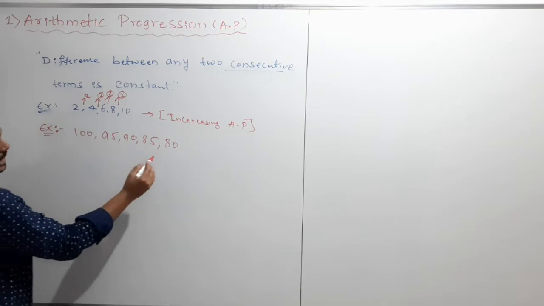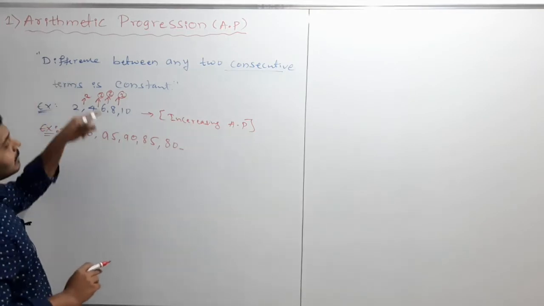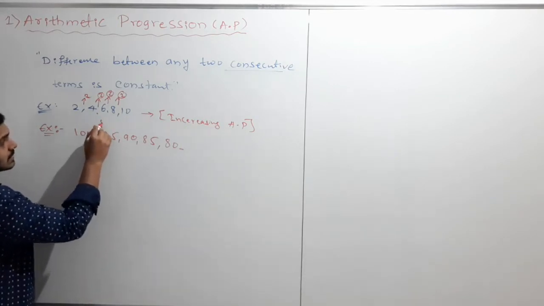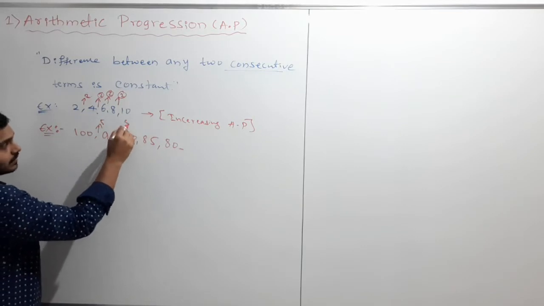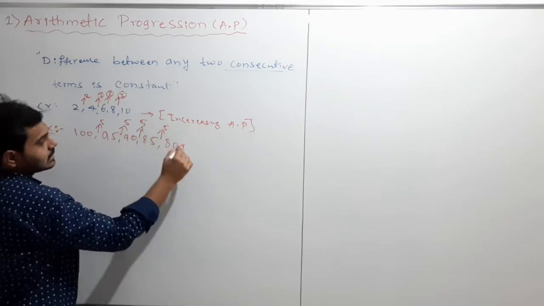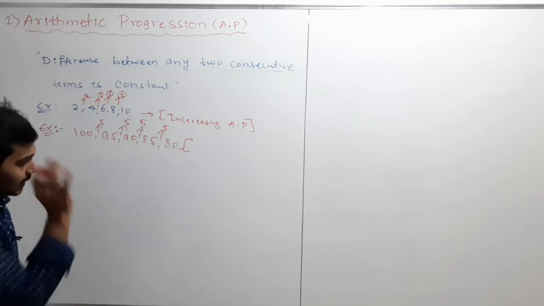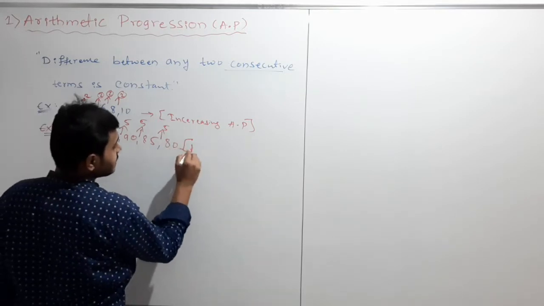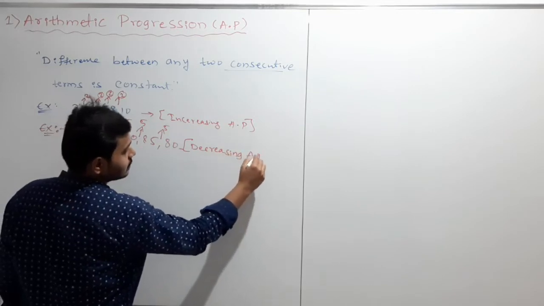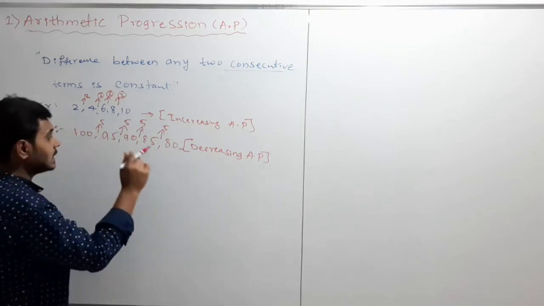This is also an example for arithmetic progression, because the difference between any two consecutive terms is 5. 100 and 95, the difference is 5. 95 and 90, the difference is 5. 90 and 85, the difference is 5. 85 and 80, the difference is 5. So this is also an example for arithmetic progression. And you can observe that we can call this a decreasing AP, because the values are decreasing.